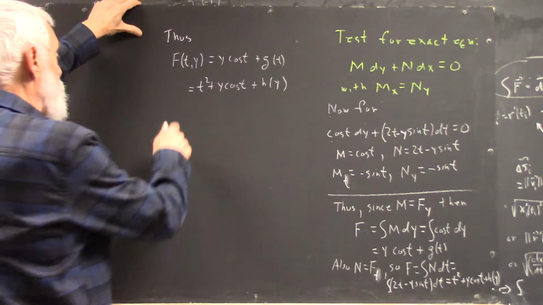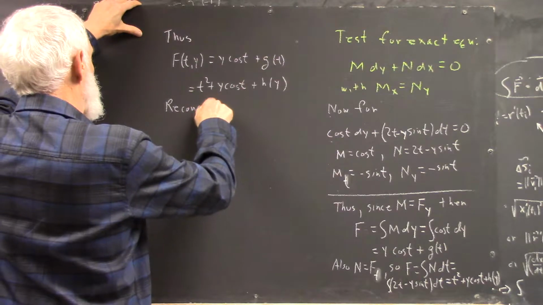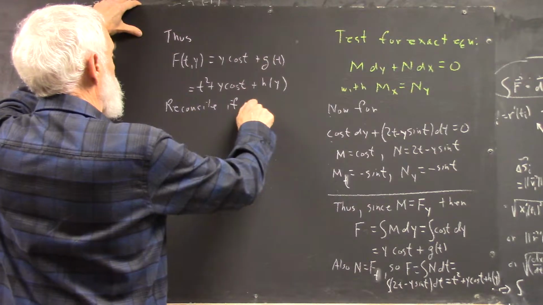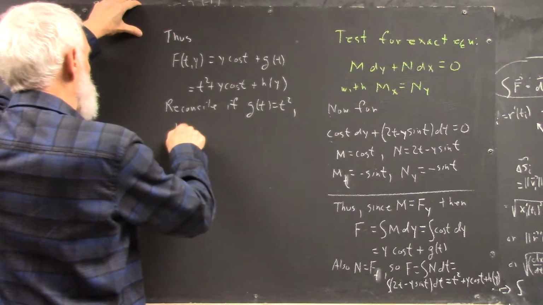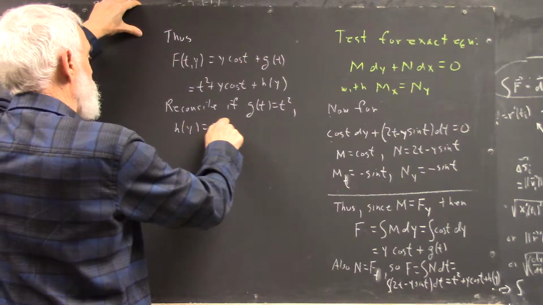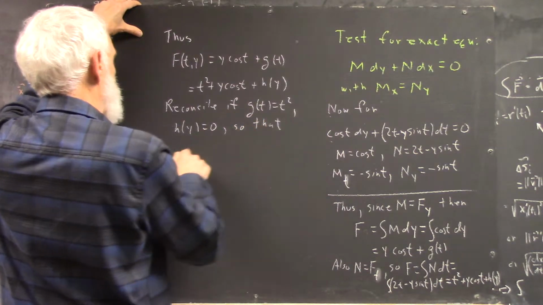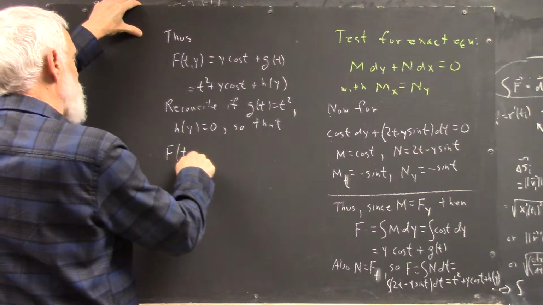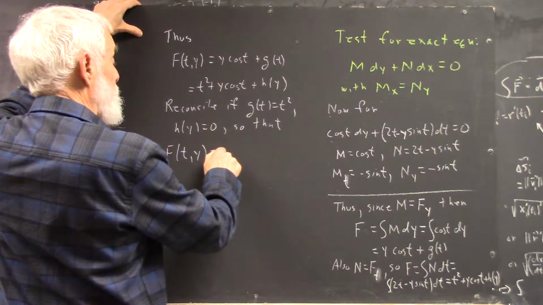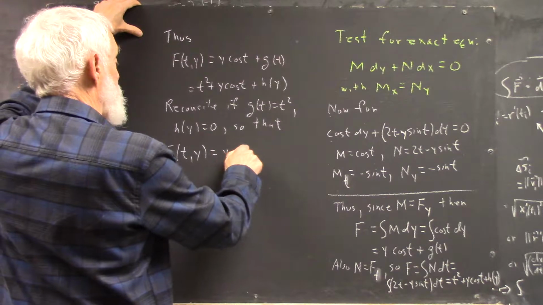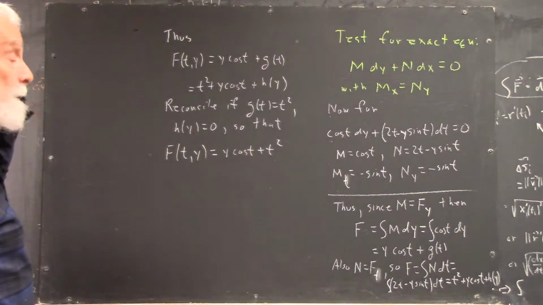Now, these reconcile if g of t equals t squared and h of y equals 0. And again, that has to happen if the equation is exact. This all has to work out. So your f of t, y is y cosine t plus t squared.